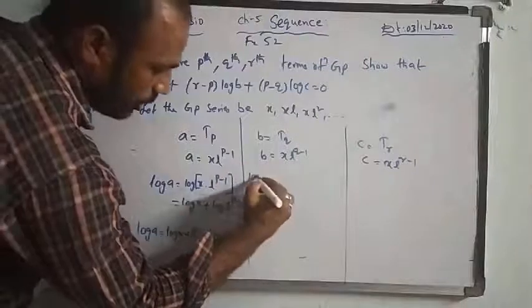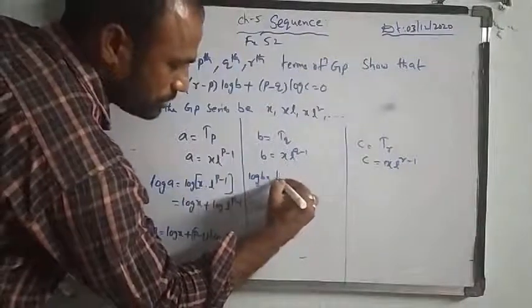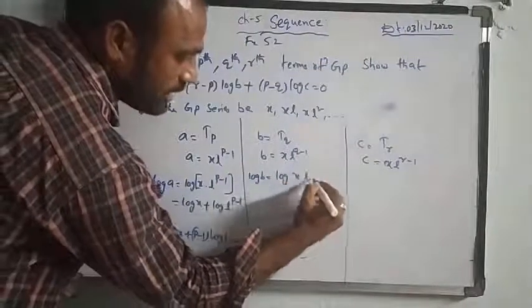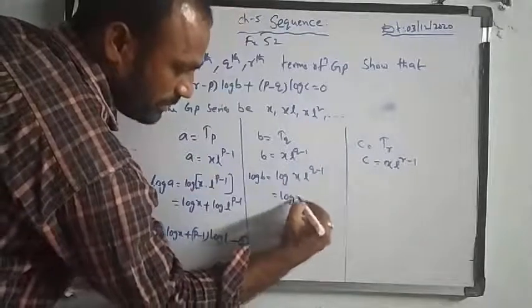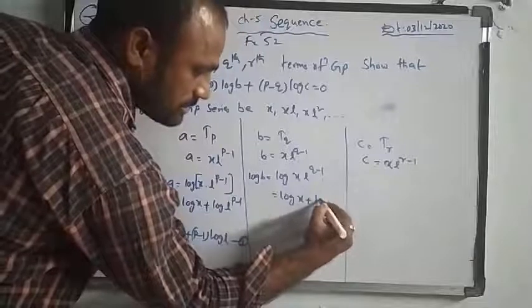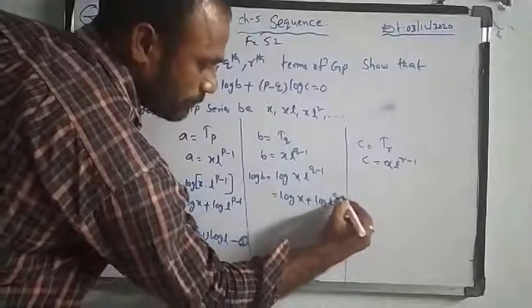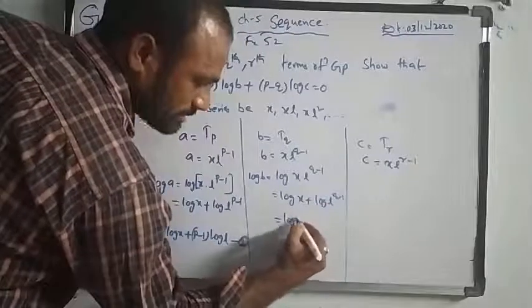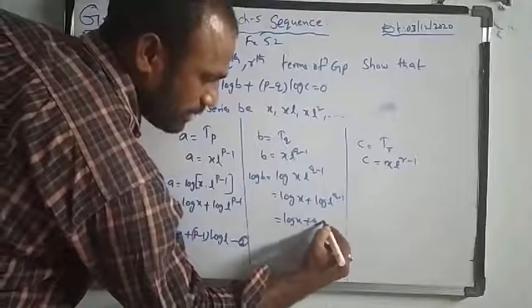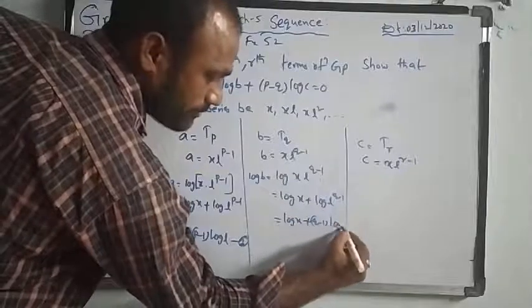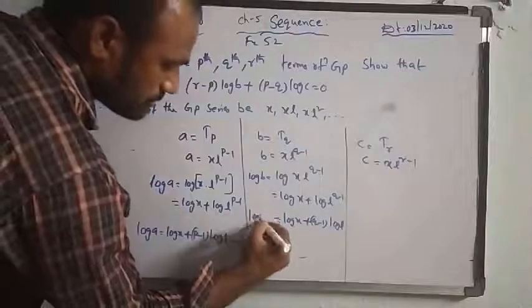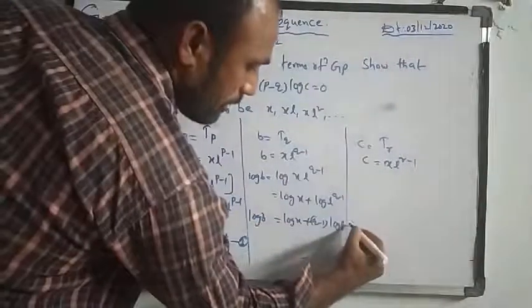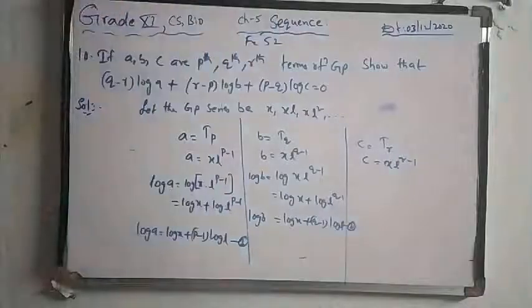Similarly, let us apply log here: log B is equal to the logarithm of x L to the power of q minus 1. That is log x plus (q minus 1) into log L. Mark this as the second equation.